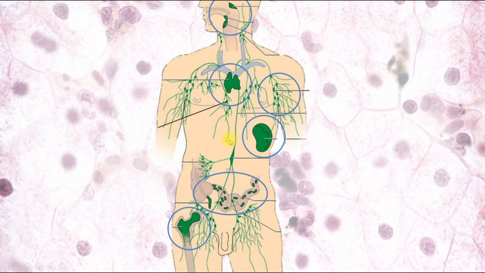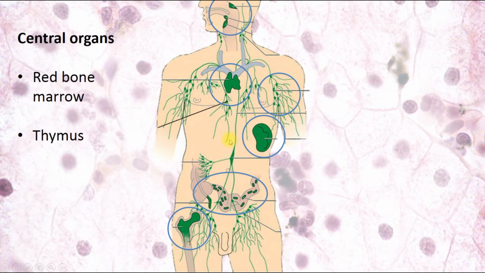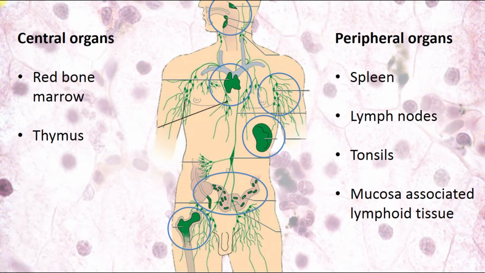There are immune organs which are called central and peripheral immune organs. Here we can see central and peripheral immune organs. Central organs include red bone marrow and thymus. Here we can see red bone marrow and thymus. And all others are peripheral organs. They include spleen, lymph nodes, tonsils, and mucosa-associated lymphoid tissue.